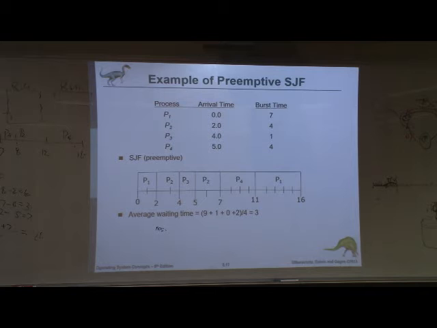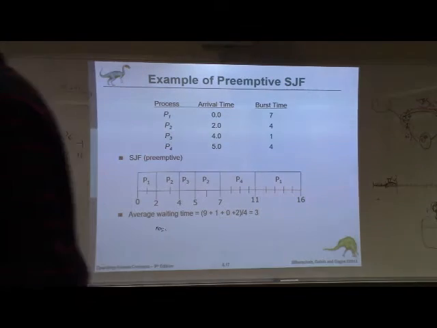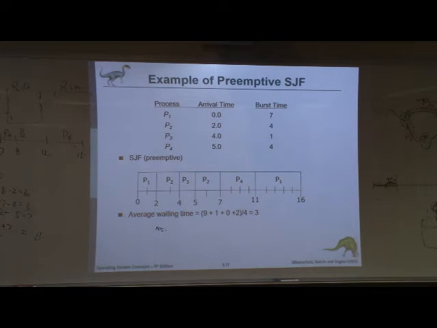Like when you are taking a seat in the library, it's non-preemptive: when you leave, you cannot guarantee the seat. But in the preemptive case, you can get back to it, so you can keep the priority, like an advance reservation. So that is preemptive and non-preemptive.